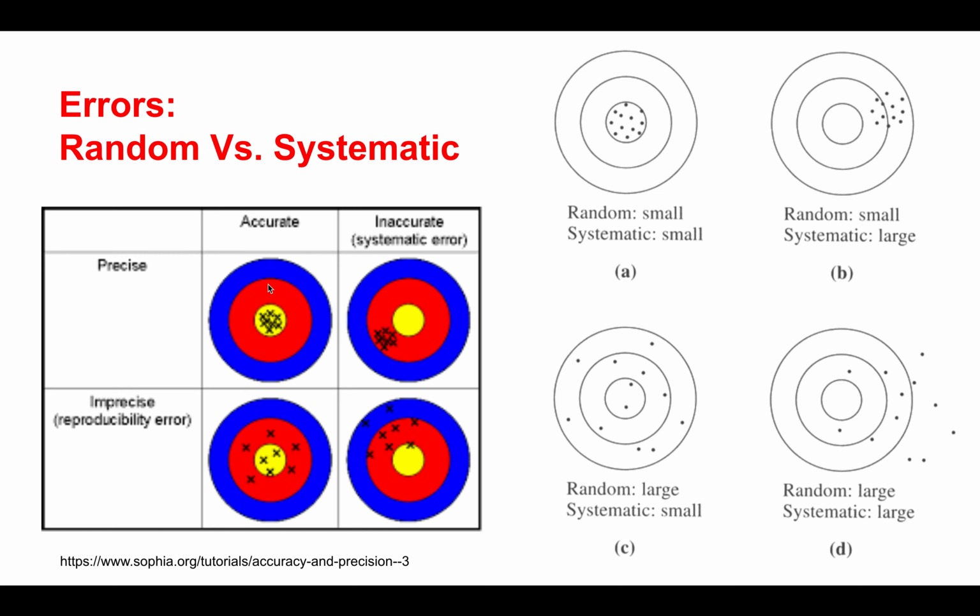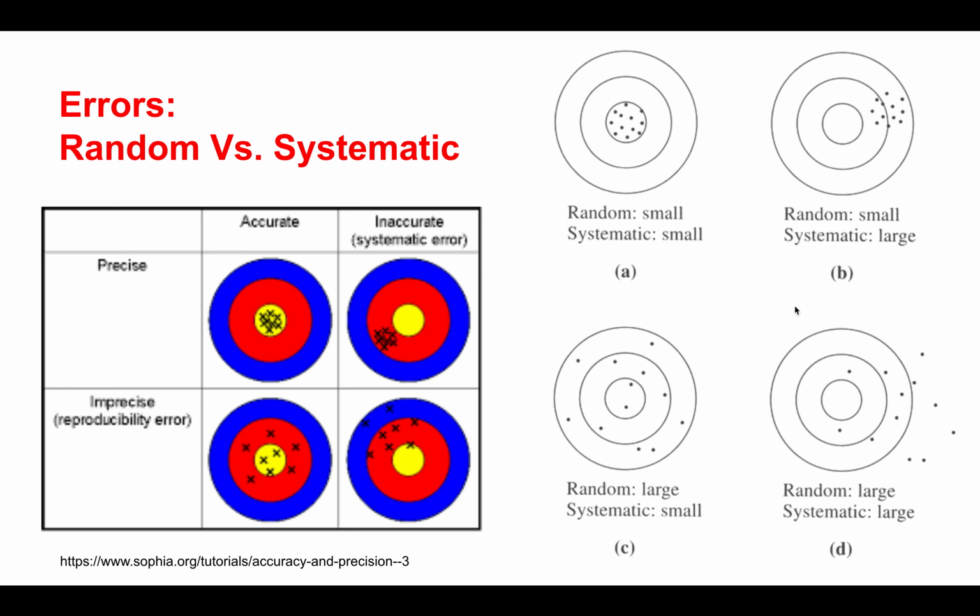Accurate but imprecise: let's say your balance is tared properly, but you're doing the experiment outside and it's windy. And in this one, inaccurate and imprecise, you're doing the experiment outside, it's windy, and the balance is not tared. So the non-taring of the balance will kind of shift the group over here, and then the wind will kind of spread them out.